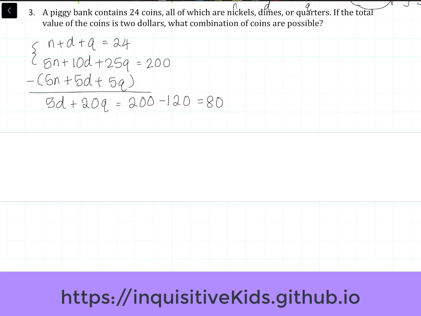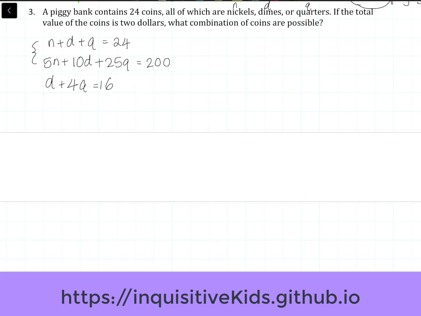Now we can simplify this even more and get d plus 4q is equal to 16. In the end, this is our final Diophantine equation that we can start trying to solve.